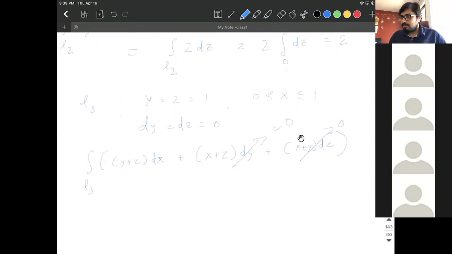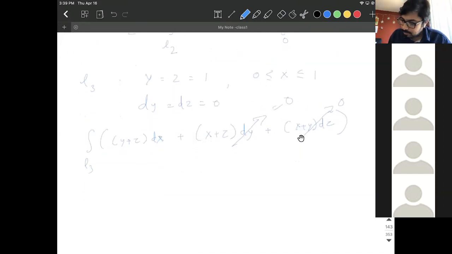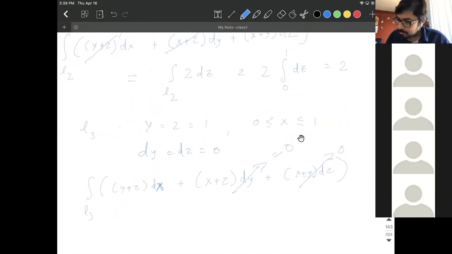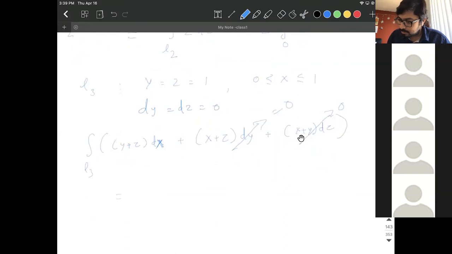So these are zeros. We are only left with the first component. So this is dx, and y and z are 1, just like the computation on L2. So this is the integral over L3 of 2 times dx.